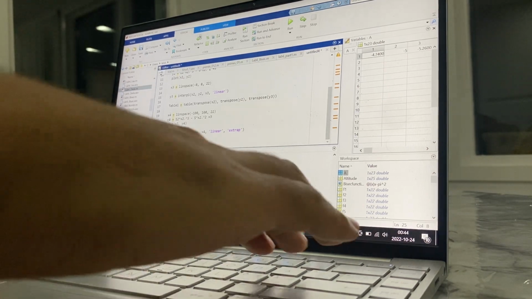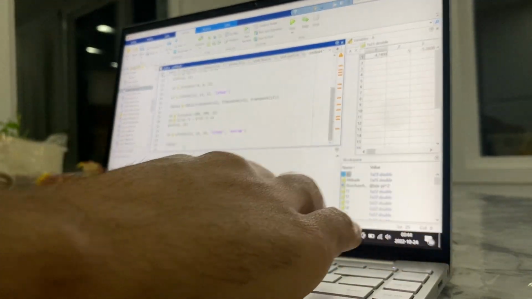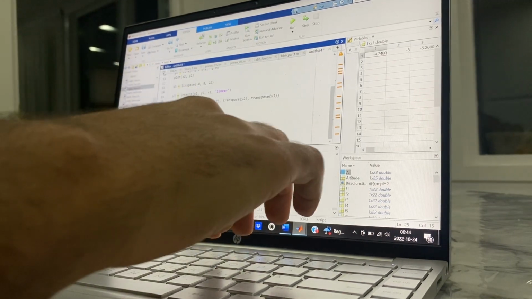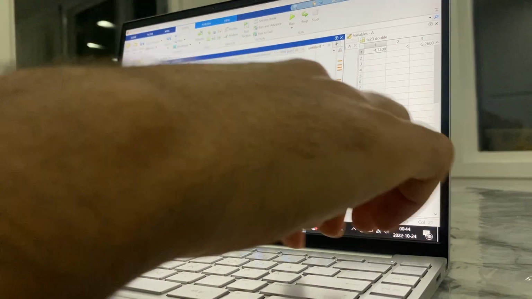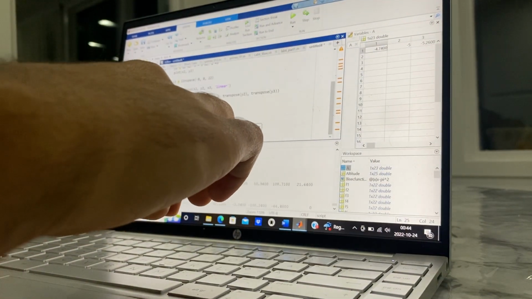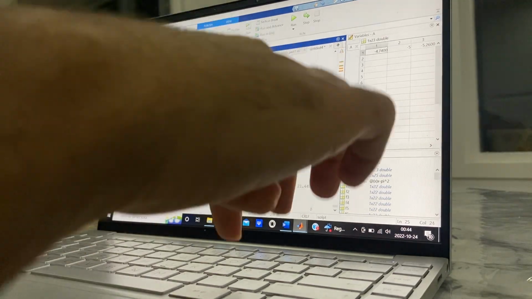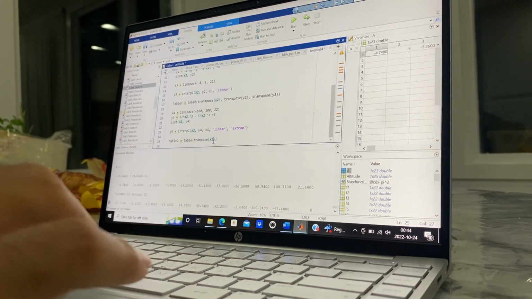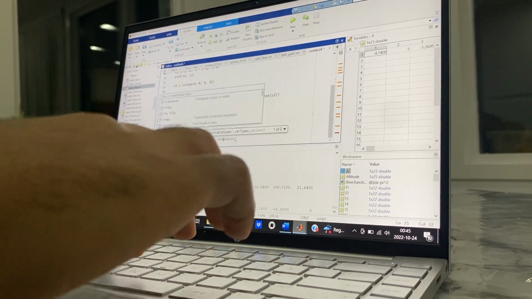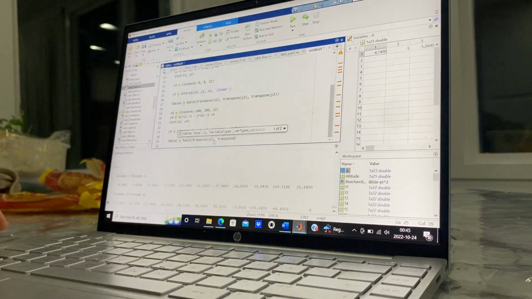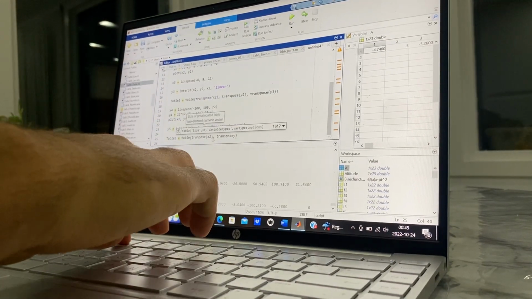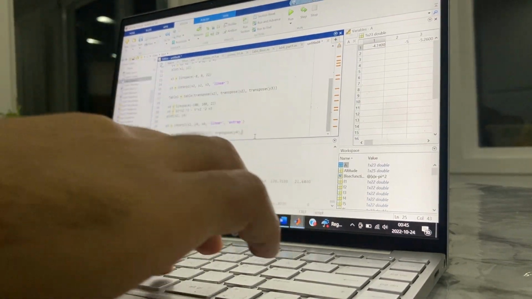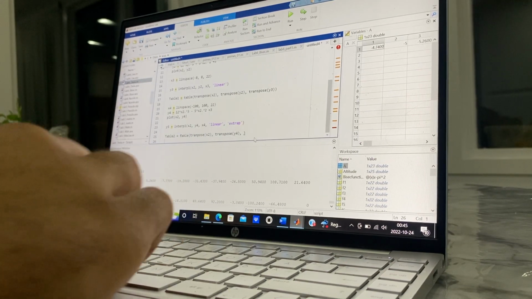So the table 2 will be table, and then I will transpose again the x2, I will transpose the y4 this time, which is the same as y2, but yeah, to show that it's for this question.